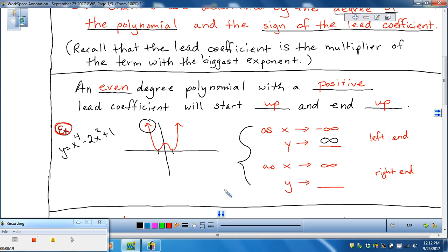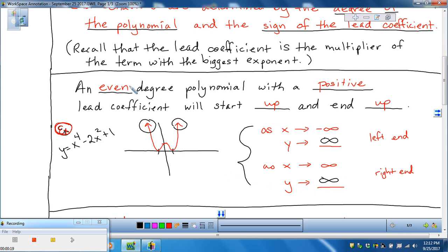Now we go do the same thing on the right side. Looking at the end of my graph, it's got a little arrow, so as x is going to positive infinity, as x goes to the right forever, what's y doing? Again, the y side is going up, which is positive infinity.